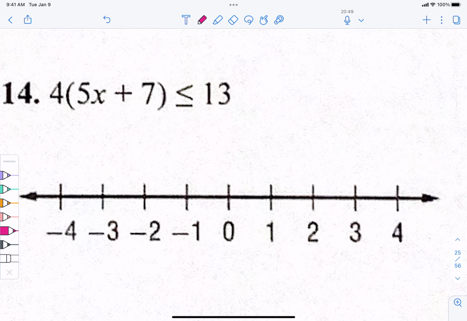Wait, that was negative 3. Wait, I was right. If it just has the symbol, it's easier to double check. I just have 20x minus 50.